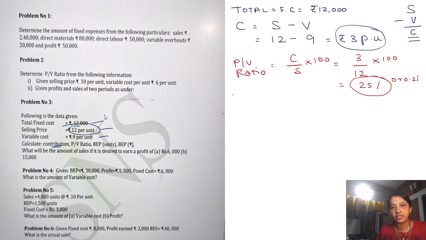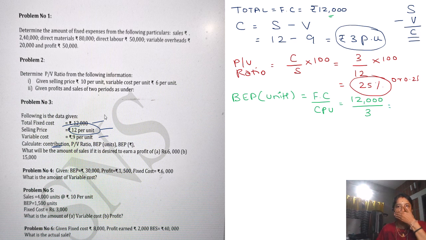Now first we will do break-even point in units. Break-even point in units is equal to fixed cost divided by contribution per unit. How much is your fixed cost? Your fixed cost, they have given in the question, is 12,000, divided by contribution we have found out, divided by 3. So your break-even point in units is 4,000 units.